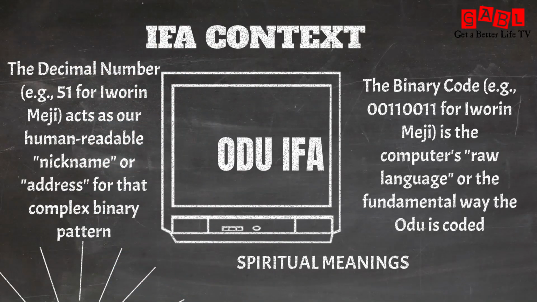The binary code, e.g., 00110011 for Iwori Meji, is the computer's raw language, or the fundamental way the Odu is coded. The decimal number, e.g., 51 for Iwori Meji, acts as our human readable nickname or address for that complex binary pattern.